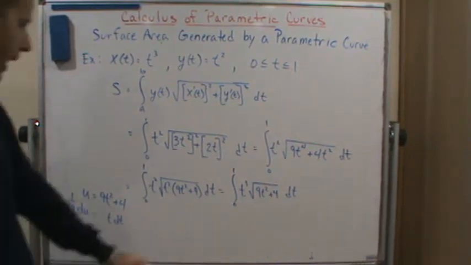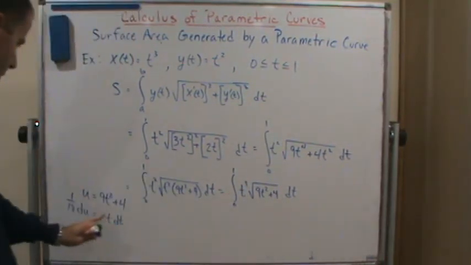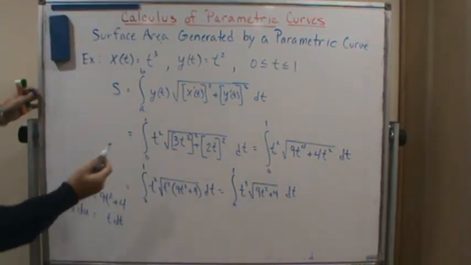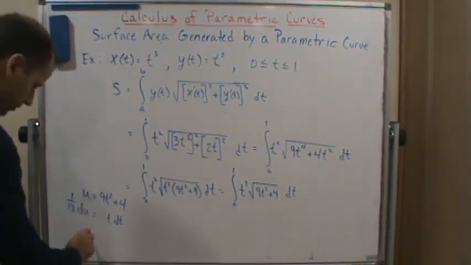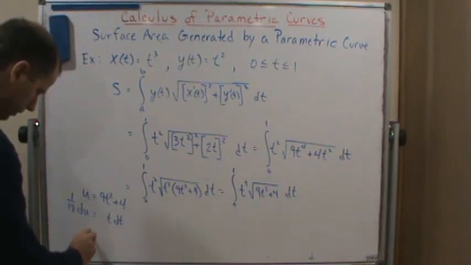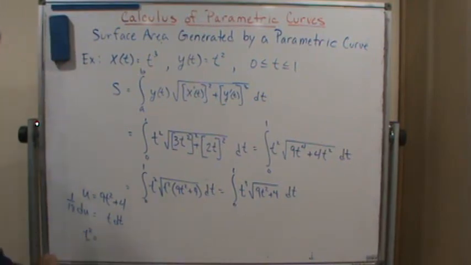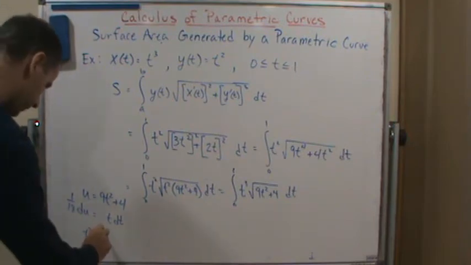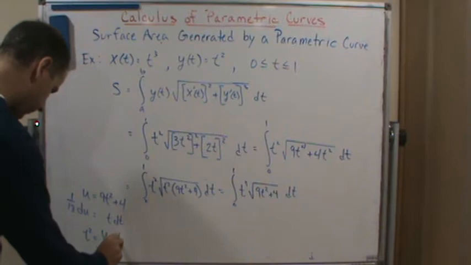Now, I've got a t cubed, but that's fine because I can rewrite t squared as u minus 4 over 9.